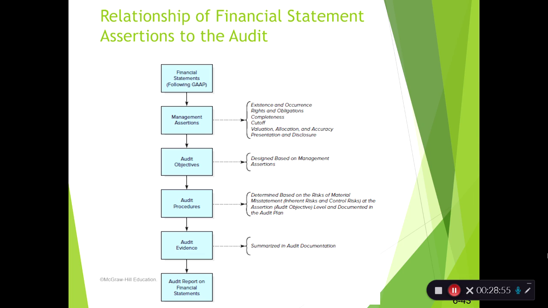We summarize that evidence, come up with a conclusion. Do we feel like the account is fairly stated? And that ultimately goes into how we create a report, right? And so this is just kind of how the financial statement assertions work their way into the audit process.